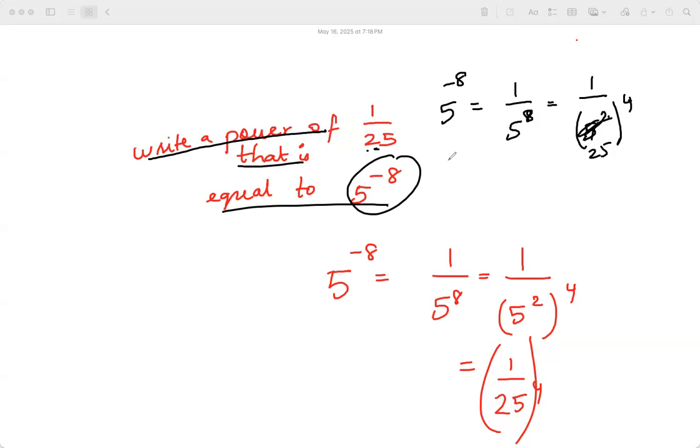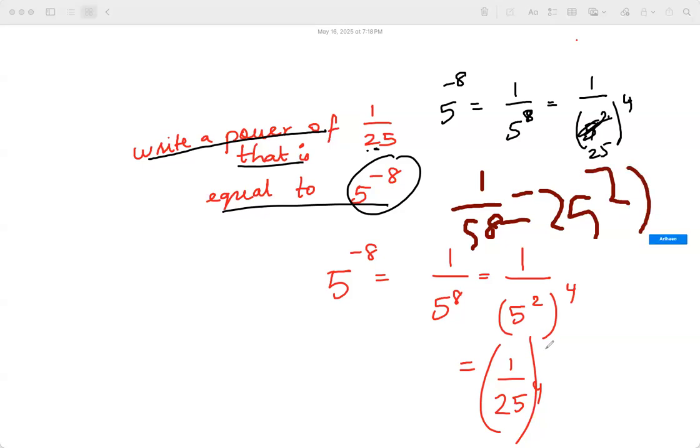Okay, 1 by 5 power of 8, right? What is 5 power of 8? Can I write that as 5 power of 2 power of 4?